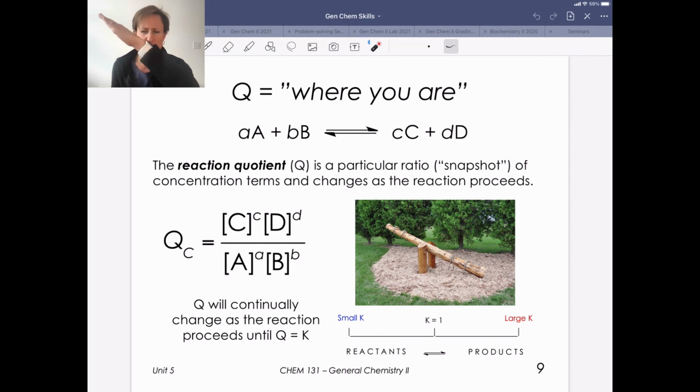Let's say that our teeter-totter wants to be here. That's our K value. But if my teeter-totter is here, this is my Q value. And what my reaction wants to do is shift so that it gets to be where I'm at my equilibrium. Okay? So this has to do with what we call equilibrium shifting.